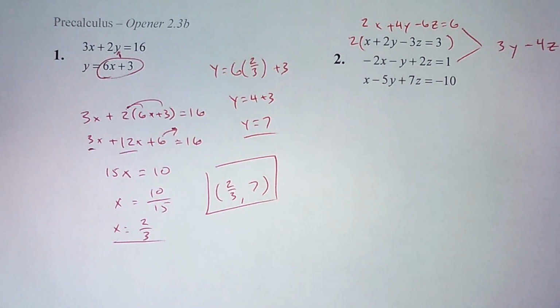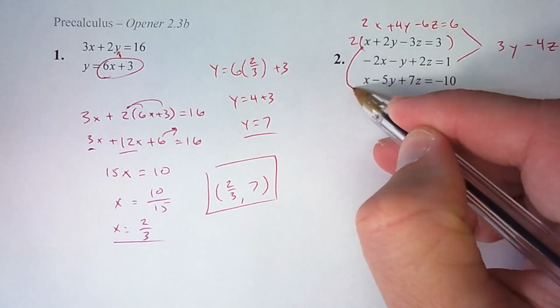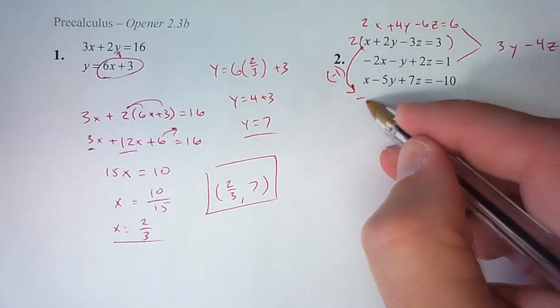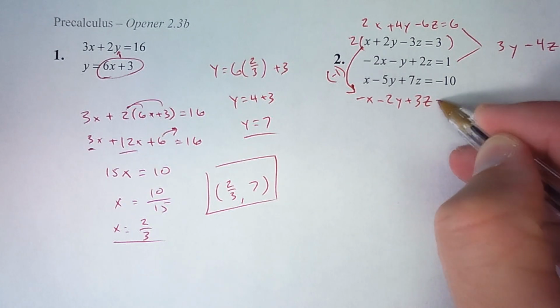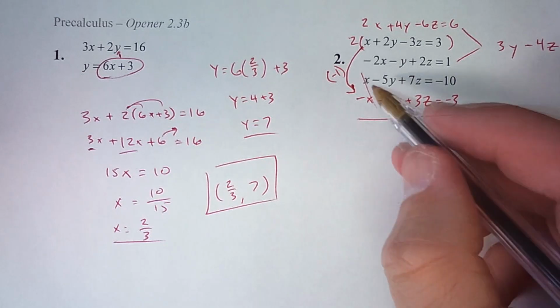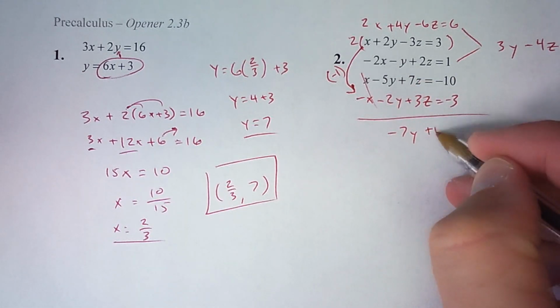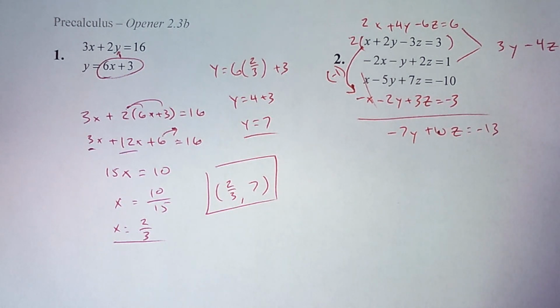Okay, I could eliminate the x's in the top and bottom equation by bringing this one down here and multiplying by negative 1. So I get negative x minus 2y plus 3z equals negative 3. And when I combine those, the x's eliminate, and I get negative 7y plus 10z equals negative 13. Okay, now I will eliminate with these two.